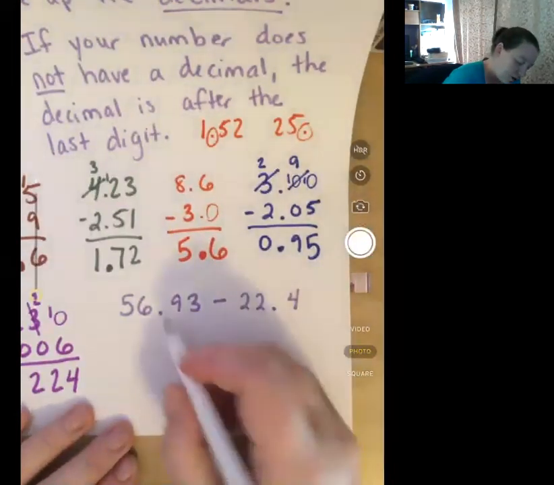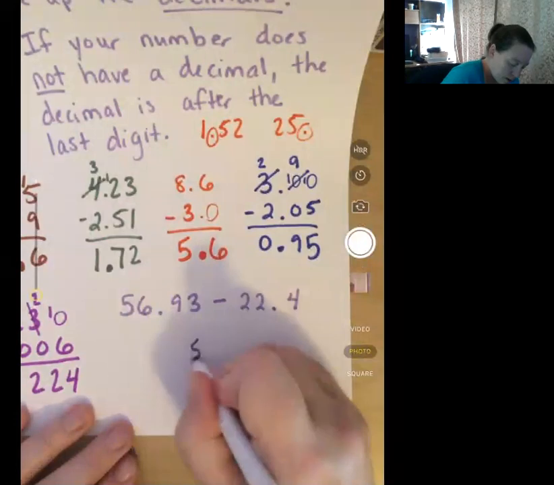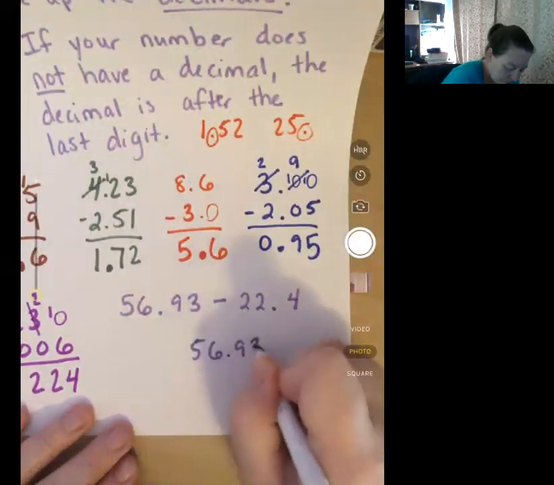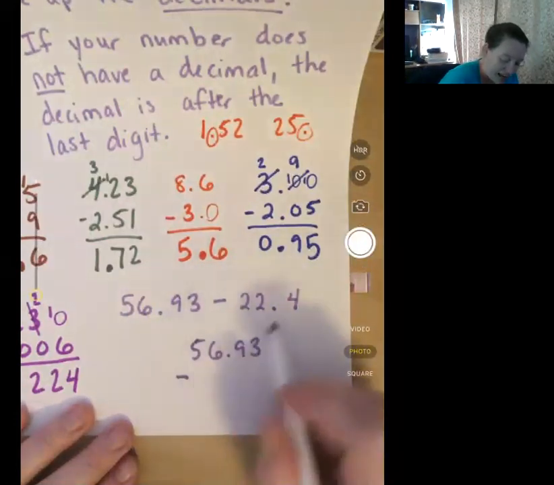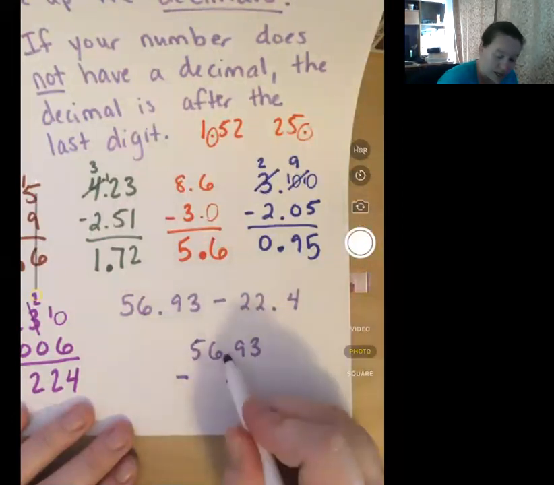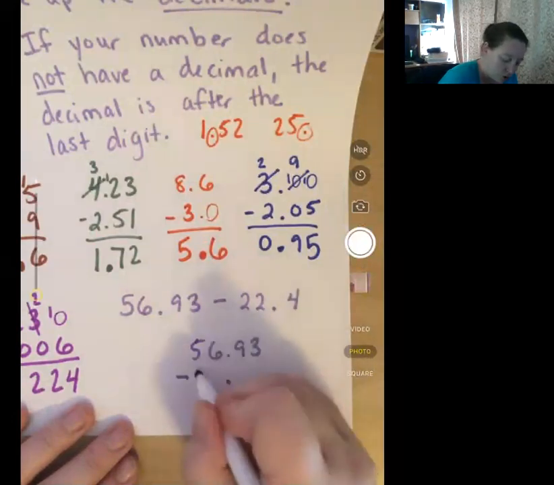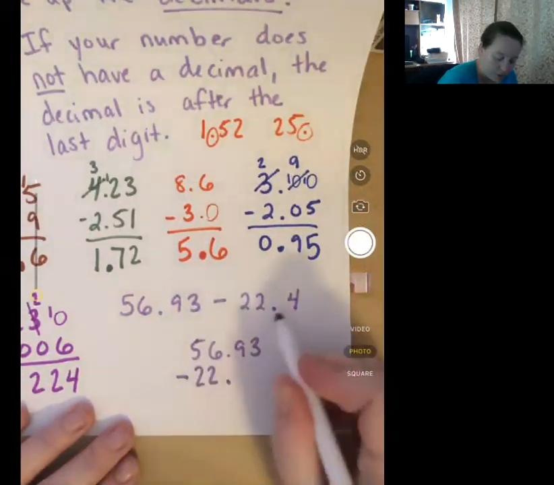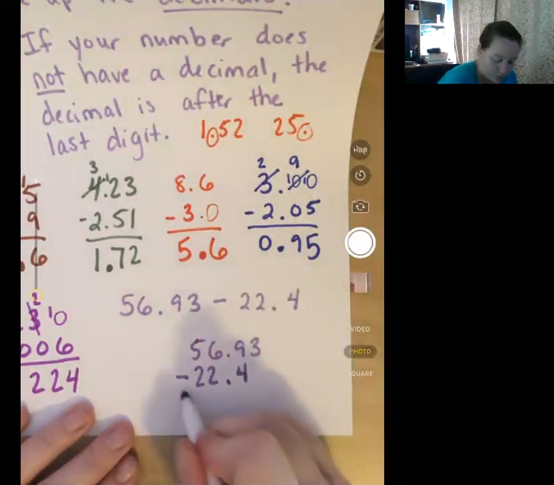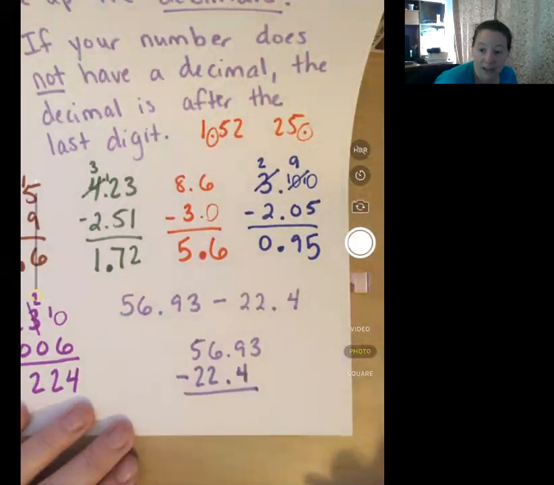I would then sit here and rewrite this. 56 93/100 minus, I have to line up by the decimal point. So my decimal point for the top was there. That means my decimal point for the bottom is at the same place. Numbers before it is 2 of them. Numbers after it is 1 of them. So I end up with that.